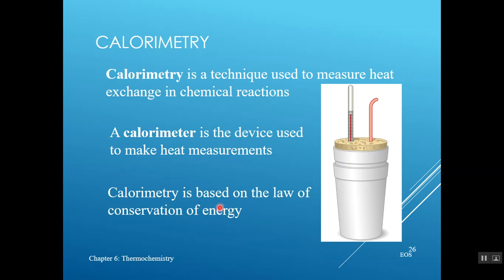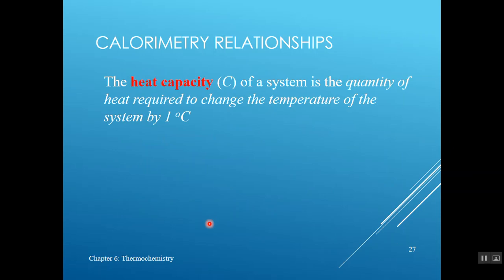So calorimetry, the type of calculations involved, is based on the law of conservation of energy that we talked about earlier. Now, some other definitions I have to point out to you. This one is called the heat capacity, which is the amount of heat required to change the temperature of a system by 1 degree Celsius. In some textbooks, you might see 1 Kelvin.